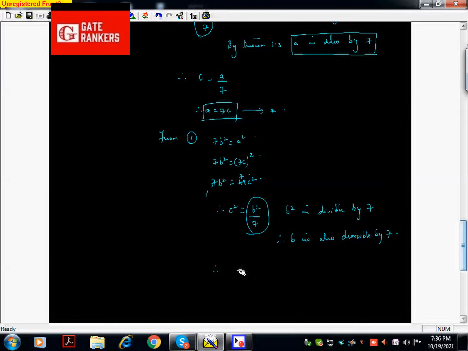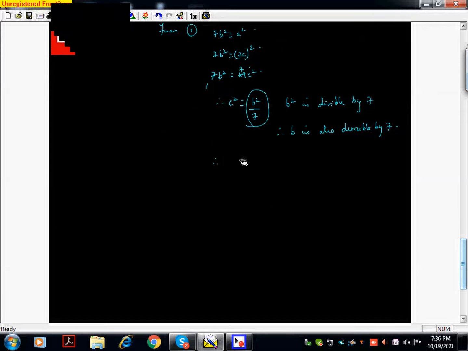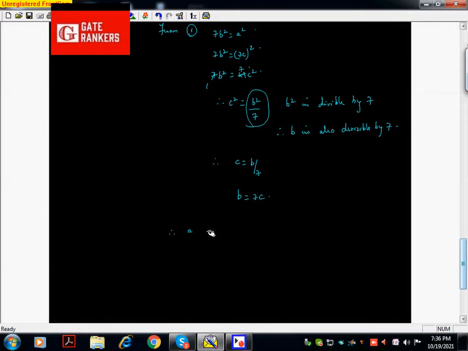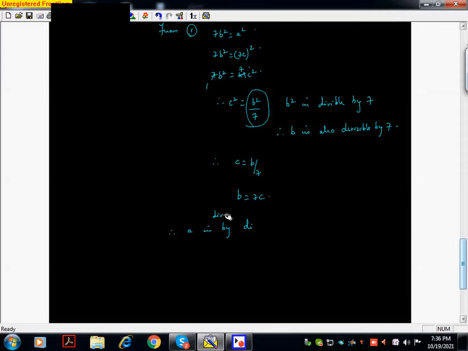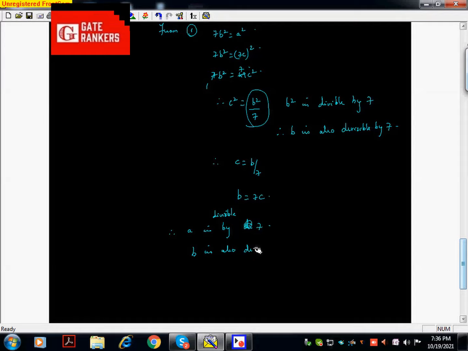Therefore c is equal to b by 7. b is equal to 7c. Therefore a is divisible by 7. b is also divisible by 7.